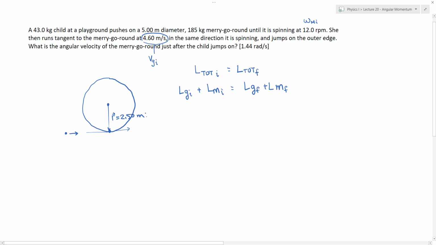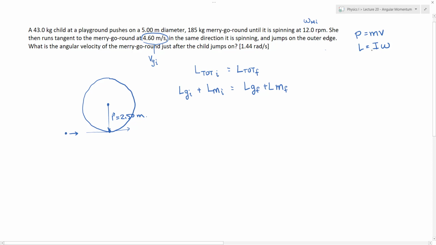Okay, so what are the formulas to find the angular momentum? Just like we originally had linear momentum is mass times velocity, angular momentum is moment of inertia times angular velocity. Now, if we're talking about a rigid body, then that's the formula we would use.